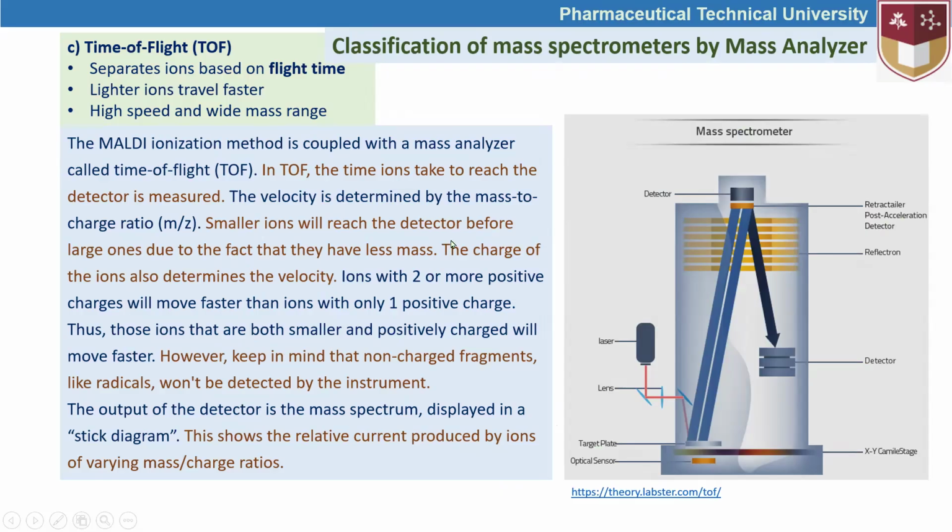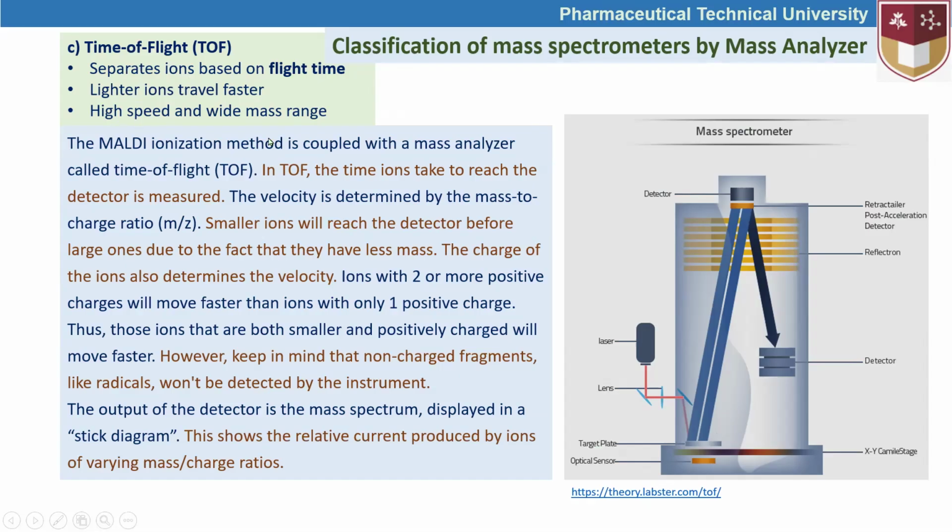Okay, next. The third type of mass analyzer is time of flight. It separates ions based on their flight time. Based on the flight time, this kind of mass analyzer enables the separation of ions, and lighter ions travel faster.